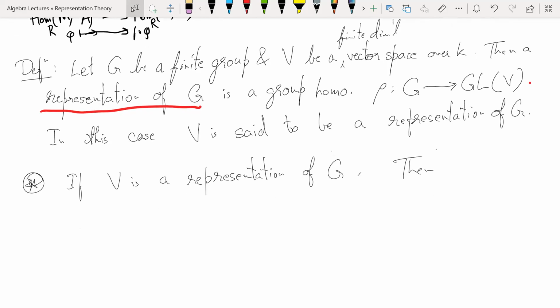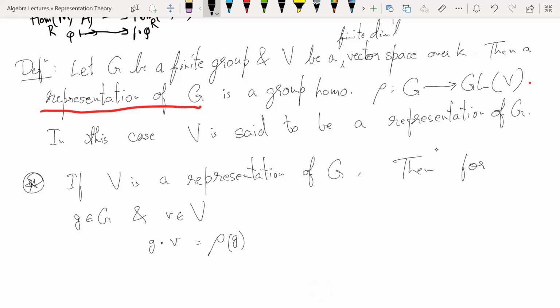So for g in G and little v in V, there is an action of G on V. So g dot v, you define it to be rho g applied to v.